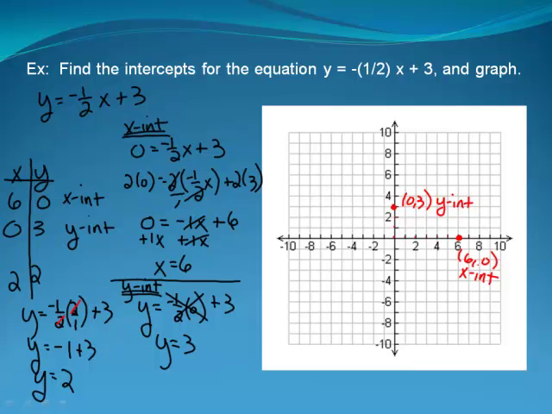And we've got 2, 2. So we've got 2 to the right and 2 up. That's just our third checkpoint. They do look like they lie in a nice straight line. And we've got our equation y equals negative 1/2 x plus 3 labeled.